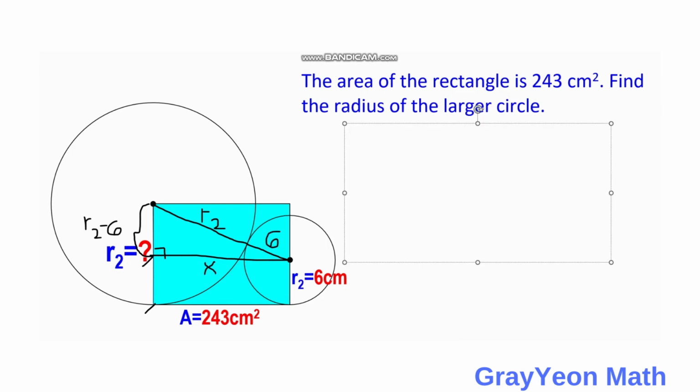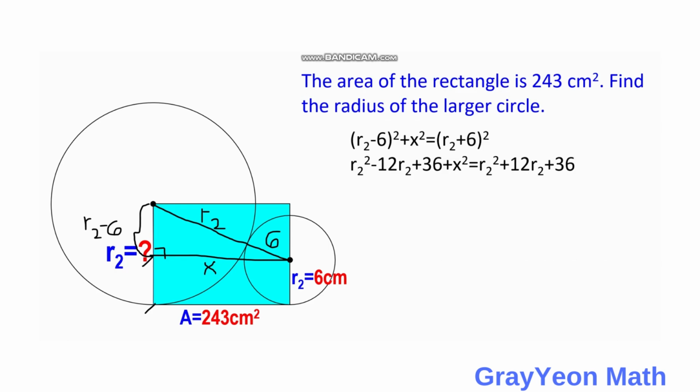Next, we make an equation about the right triangle that we have formed earlier. We have R sub 2 minus 6 squared plus X squared equal to R sub 2 plus 6 squared.